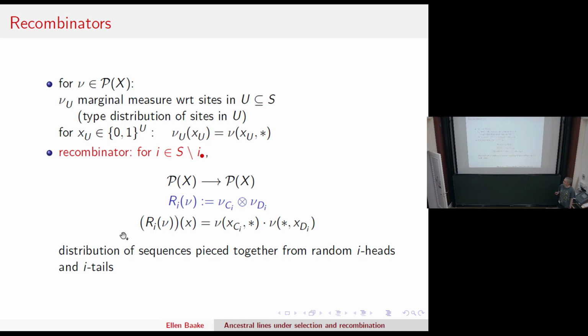Put differently, Ri of mu is what I like to call the recombined measure. That is the distribution of sequences that you get if you piece a sequence together independently from random I heads and I tails.